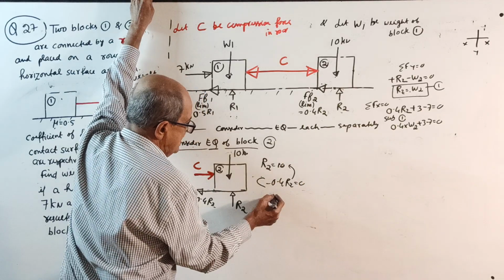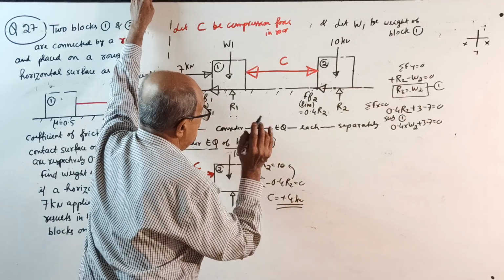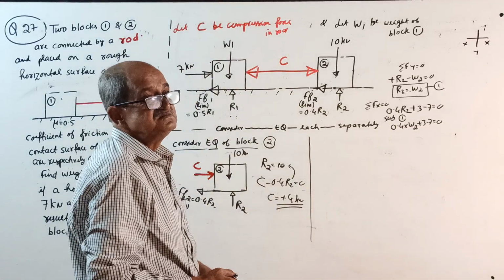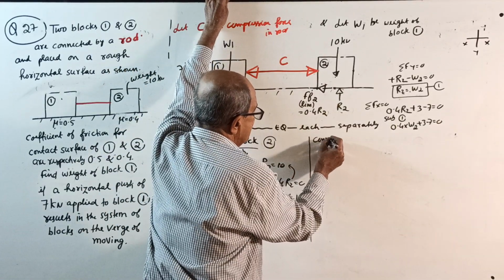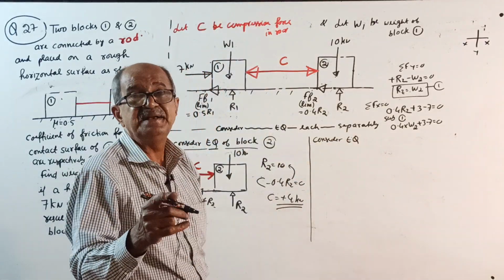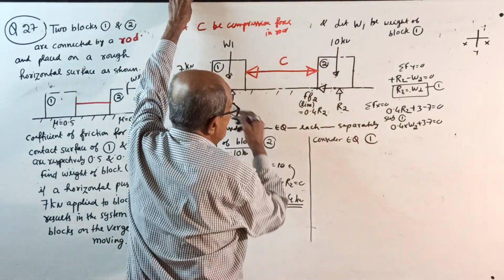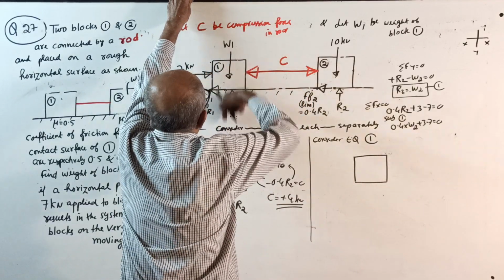Substitute R2 equal to 10, your C will come plus 4 kilonewton. Okay, no problem, because the push applied is here. Now consider, this is somewhat of an exercise type. You should solve it. Equilibrium of block 1. When you take block 1, see here, what happens? Weight W1.